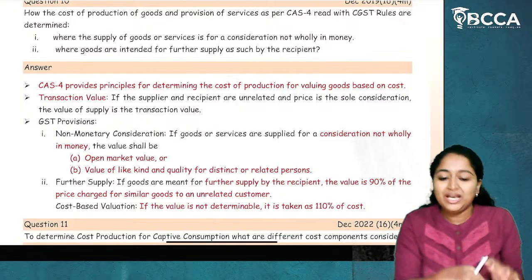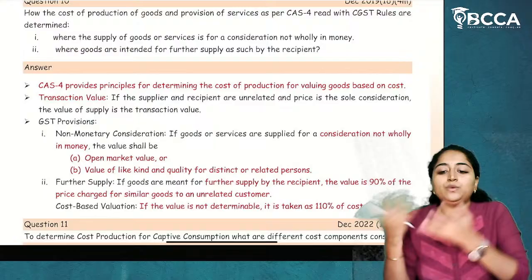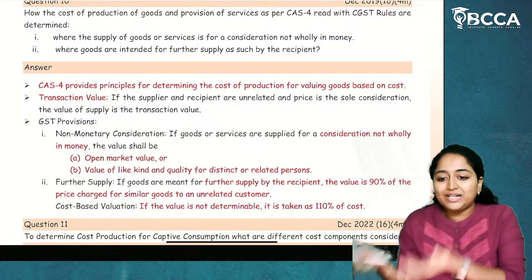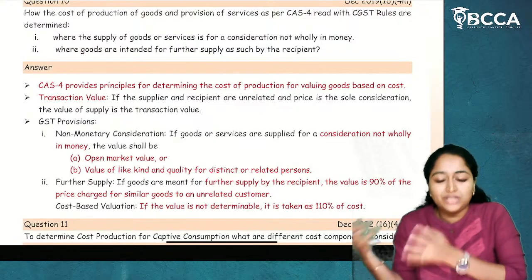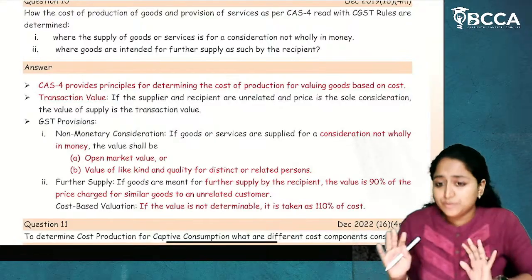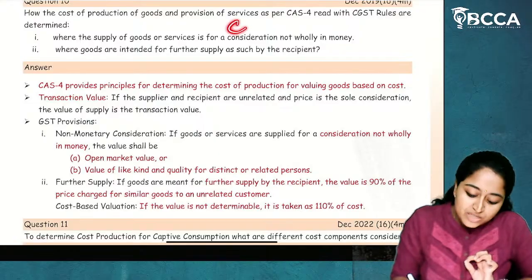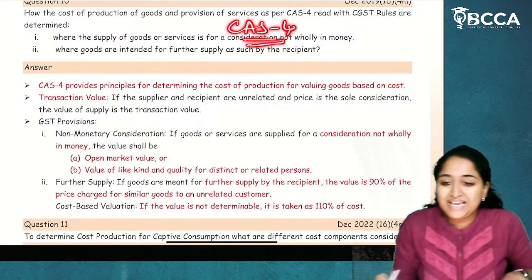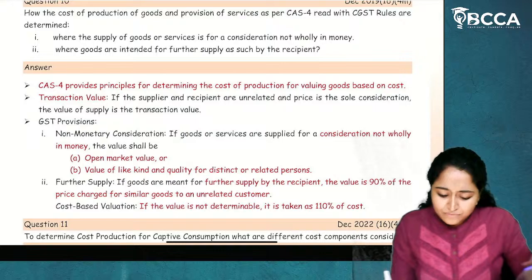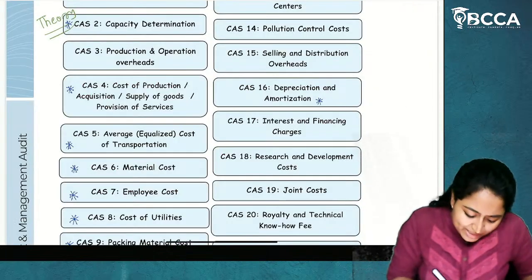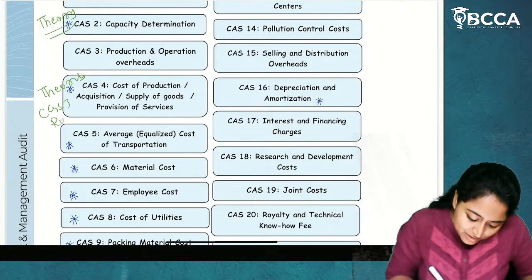That is Rule 30. If anything is not satisfied, then you will use your own methodology for calculating the transaction value, which is given in Rule 31. So these are the rules which we have. These rules are important from CGST rules. That is the question which is from CAS 4. So you have to remember CAS 4 theory, which talks about CGST rules.